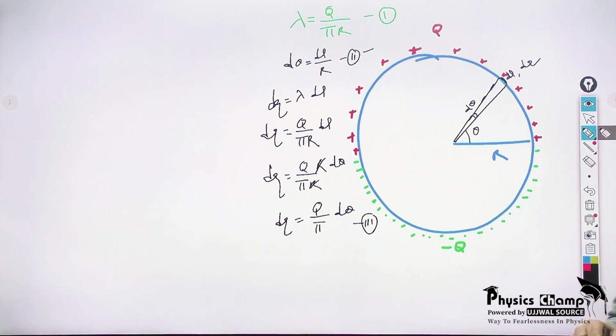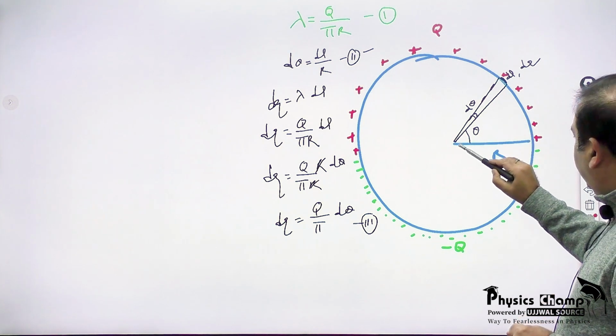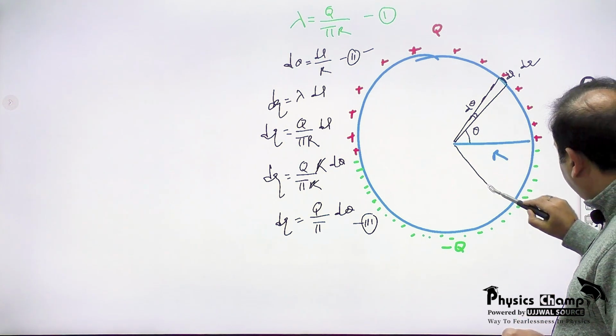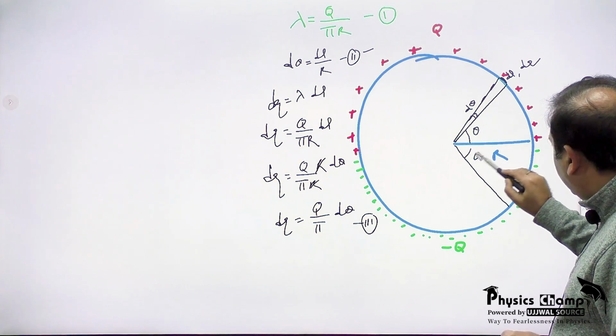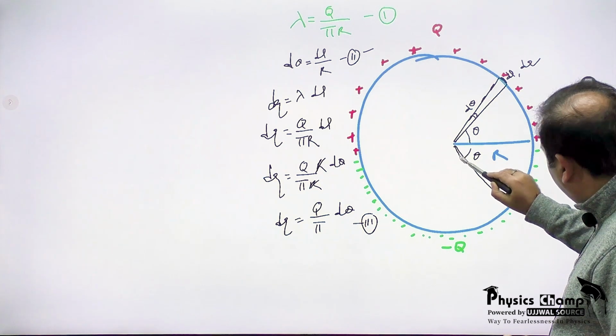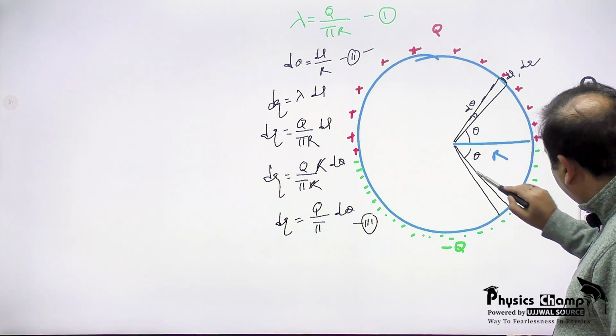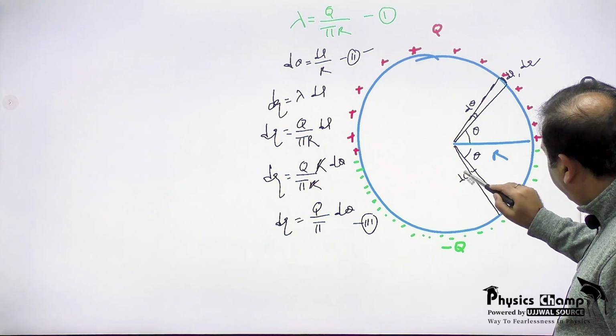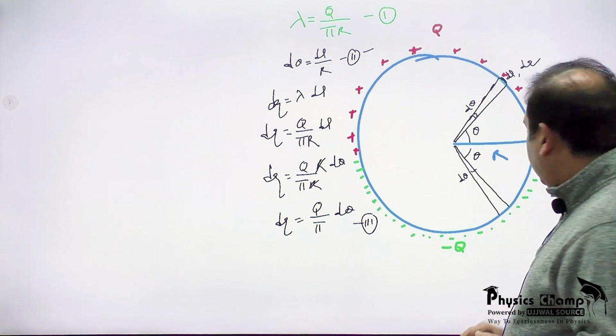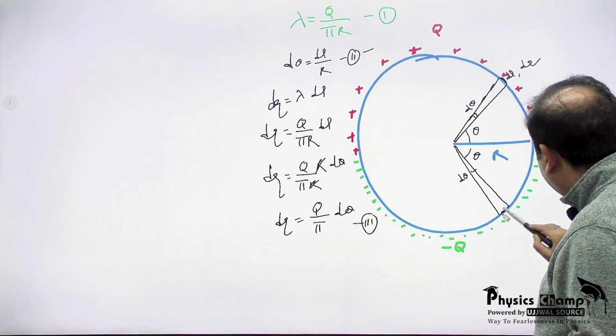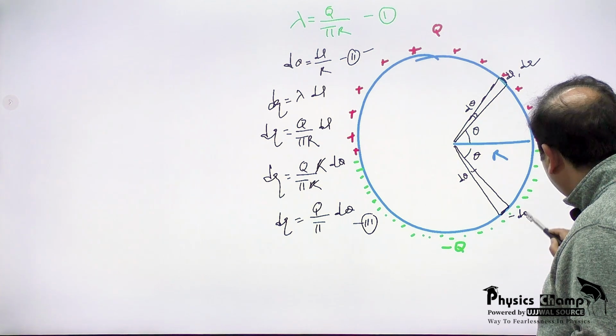Now as I can see, at an angle theta from here, I took a small portion of angular width d theta and I found it to have a charge minus dq.